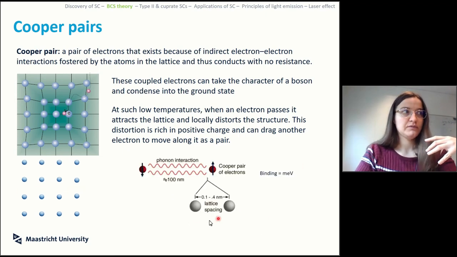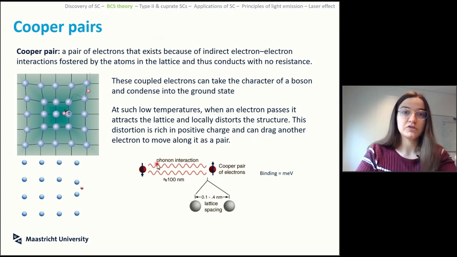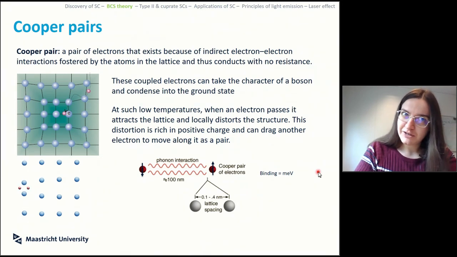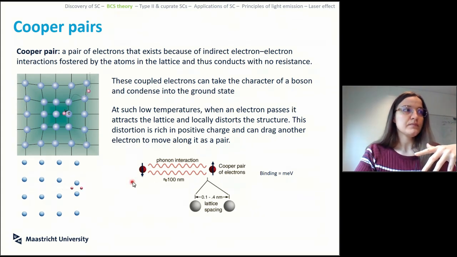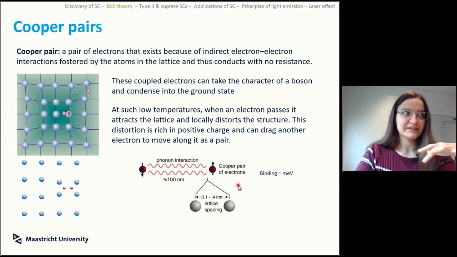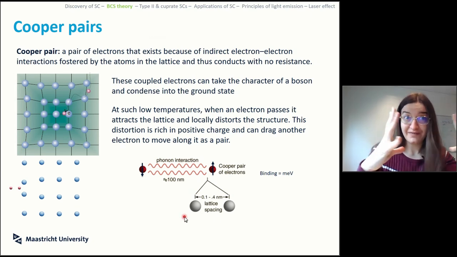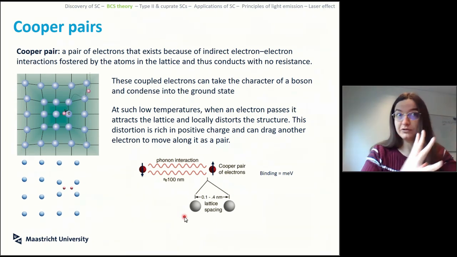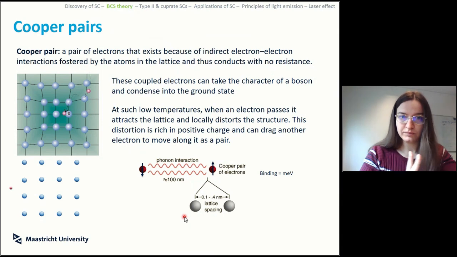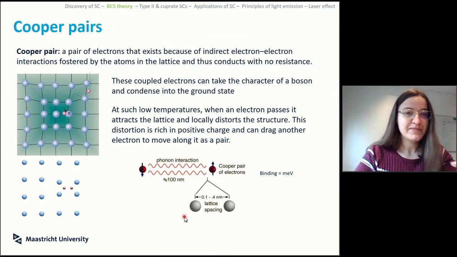So the type of stuff that you have going on is two electrons with a phonon interaction that is mediating their binding, a binding energy that is in the milli-electron volt, meaning that you can measure it when you put microwaves through the system, and a spacing that is like the interaction is around 100 nanometers, so they are far away from each other, but since they are coupled with the lattice vibration, they just go happily.